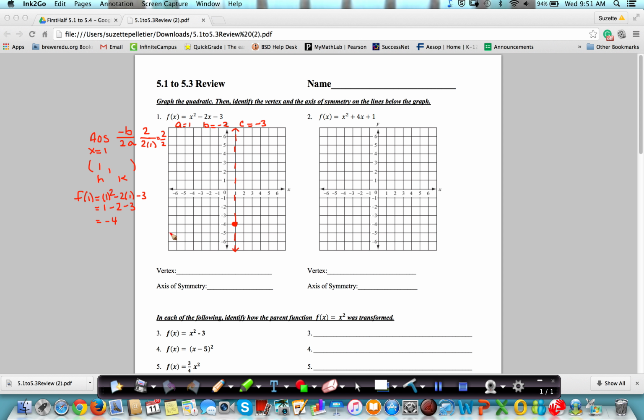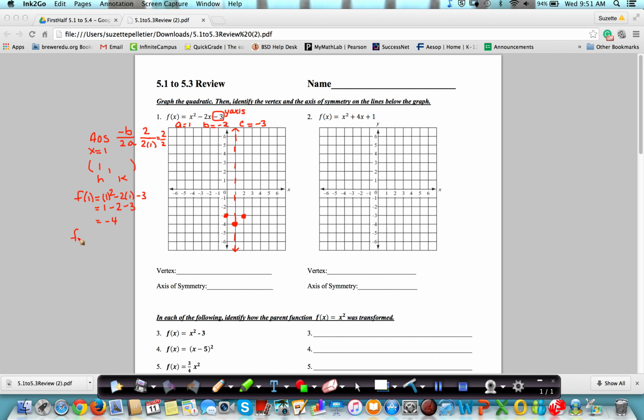Okay, then I know that this very last term in my equation is where it's crossing the y-axis. That's my y-intercept. So it's crossing the y-axis right here at -3, and I can mirror that one over. And now all I need is one more set in order to graph the quadratic. So I can either plug in -1 or I can plug in 3.